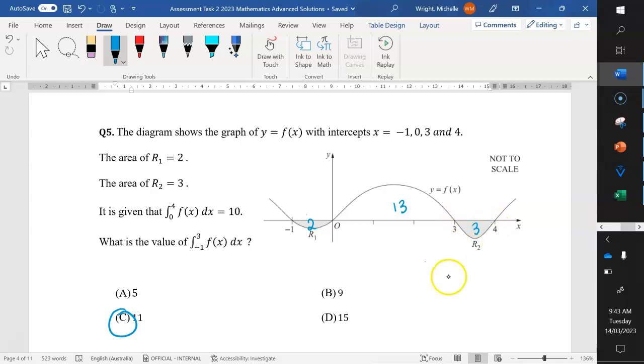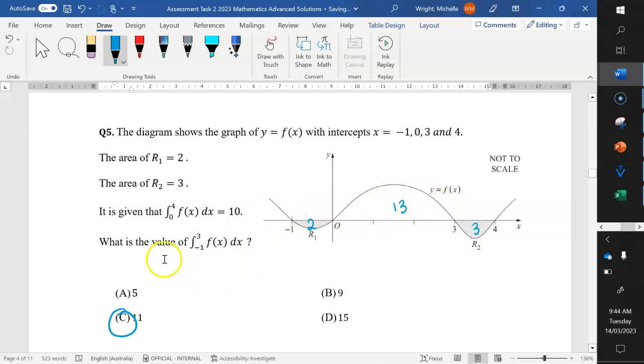So we've got something, let's put it as a question mark, something minus 3 is equal to 10. So I know that this something, which is this bit here, is going to be equal to 13. Because what the integral sign does is look at the area above the curve and take away the area below the curve. So 13 minus 3 is going to give me 10. So I know this is 13 in this section.